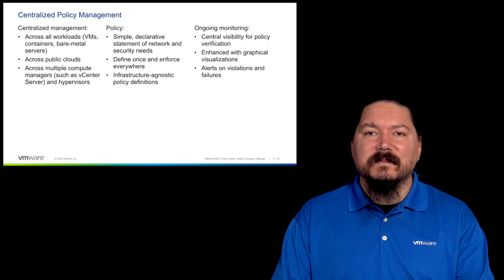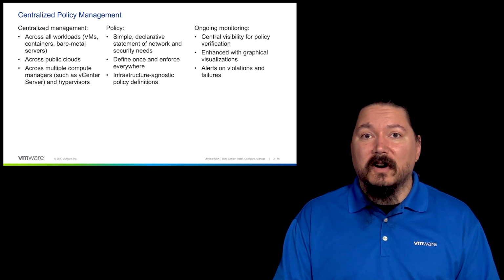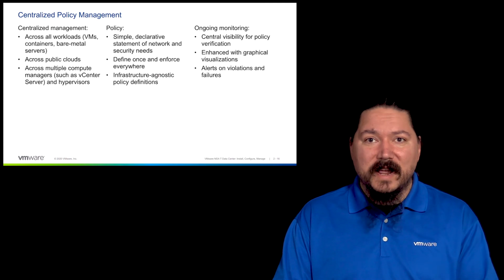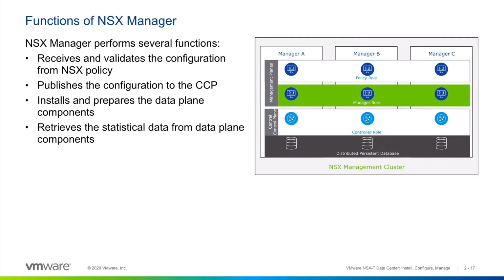We want these things, and we can talk to manager and the control plane to figure out if those things are actually created, realized, initialized and used, and how well they're being used. NSX Manager takes those things from policy and actually builds the recipe. It says, I need a cup of flour and half a cup of sugar and 2 eggs and a tablespoon of oil, and I need to mix all these ingredients and bake them in the oven at 350 degrees, or whatever the recipe calls for.